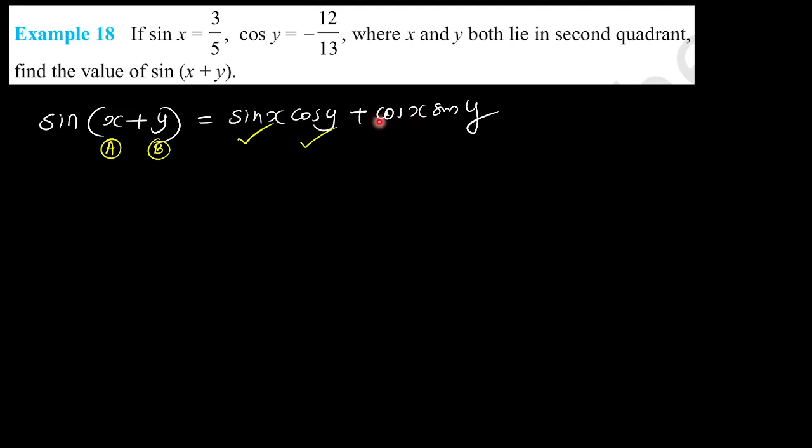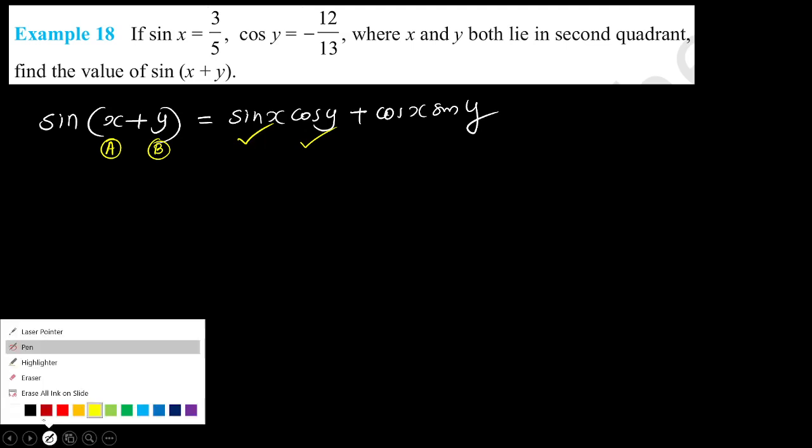Is the cos x given in the question? No. Cos x is not given. Sin x is available, but I want cos x. Also sin y I want. Cos y is given. From cos y I have to find out sin y.